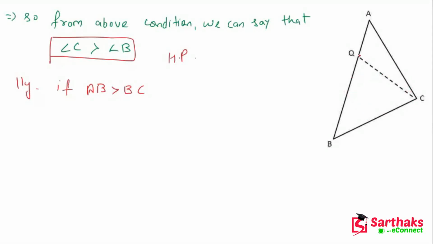Take the point Q on AB such that BQ is equal to BC. Similarly we can prove that angle C is greater than angle A.